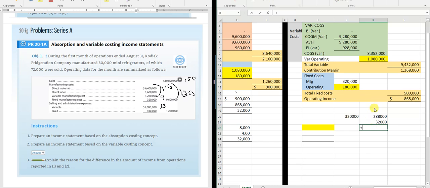So if I have inventories either here or still here, there's the 320, but notice this, the 32,000 is expensed on here, but not expensed on here. So since this one has less expenses, it has a higher net income. So hopefully that helped you out. Take them slow, do lots of practice, and you'll get it.